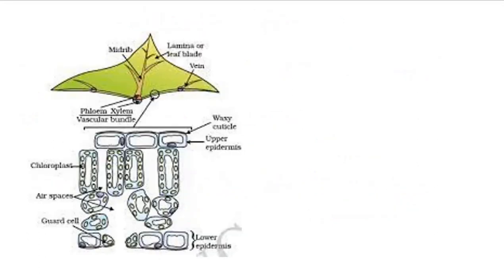Before we go into detail about the photosynthesis process, let's study the structure of the leaf. The picture here shows the cross section of the leaf. So the leaf has an upper epidermis.